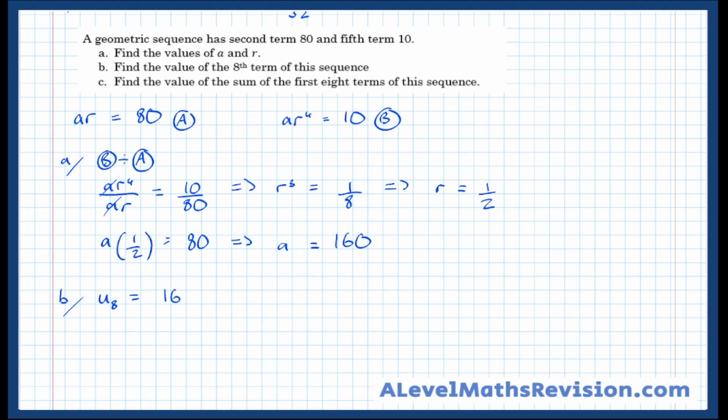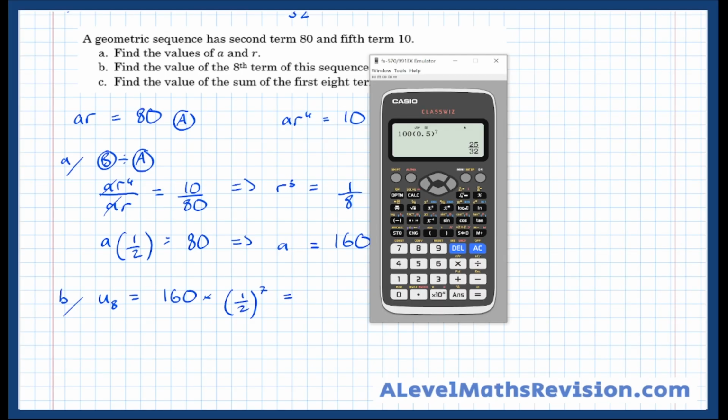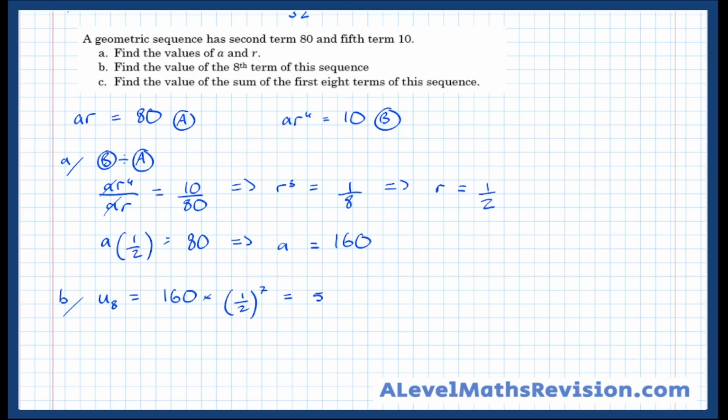So U8 is A times R to the n minus 1, which is equal to 160 times, we'll put this in brackets, 1/2 to the power of 7, which is 5/4.